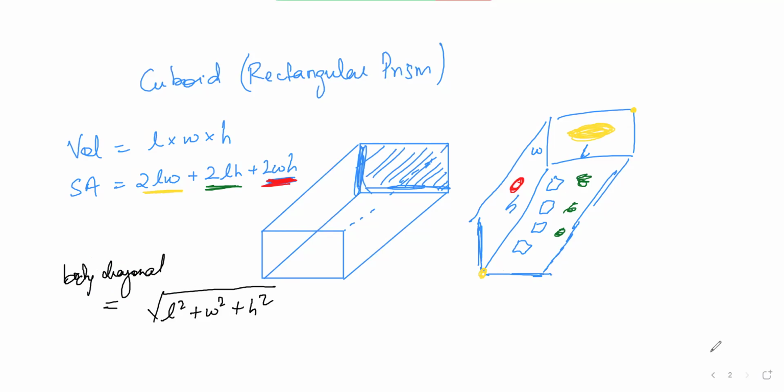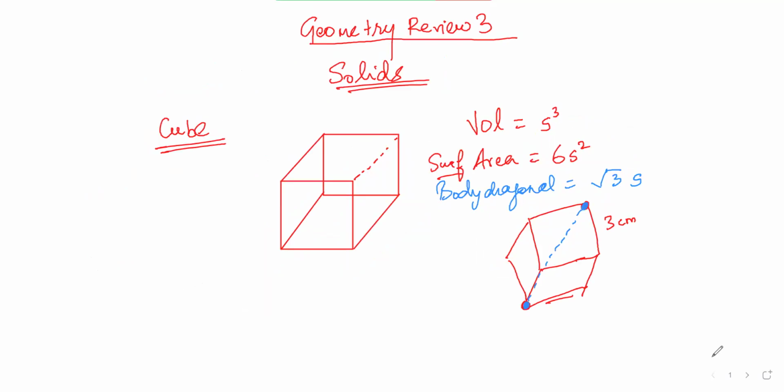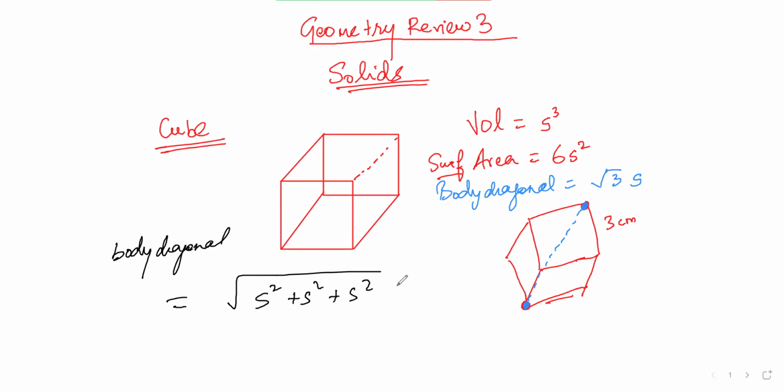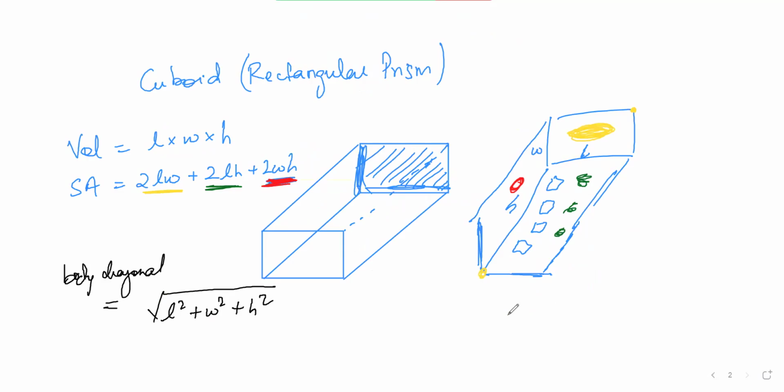Now in the previous shot, it's a cube, so all sides are equal, and therefore the body diagonal is root of s square plus s square plus s square, which is root of 3s square, and therefore root 3 times the side. So that's about the cuboid.